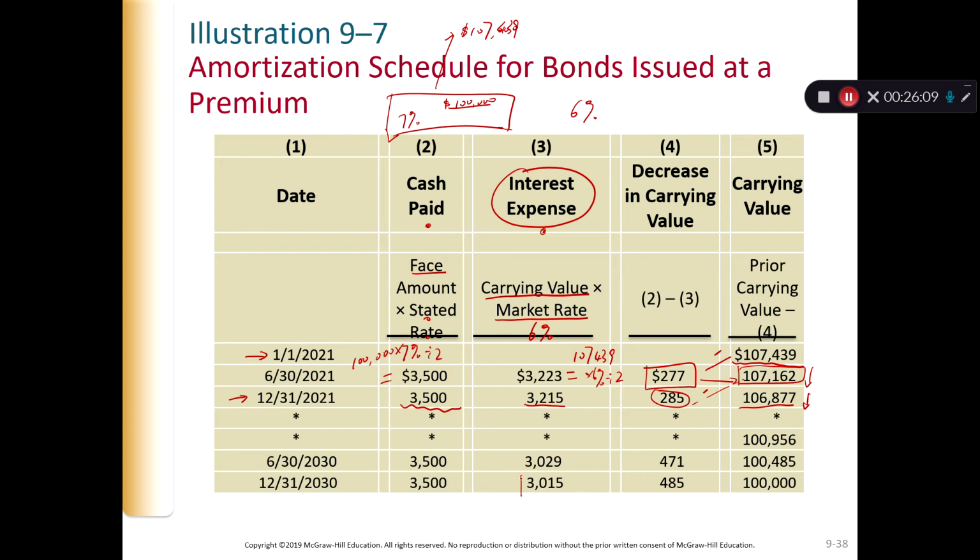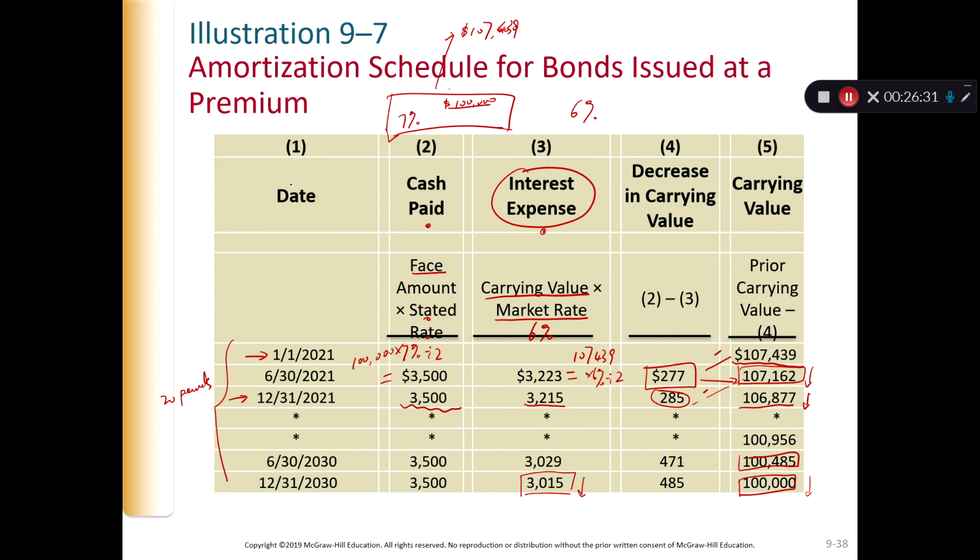At the end, 20 payments later, your carrying value will reduce towards the promised face value of $100,000, and your interest expense is still decreasing.